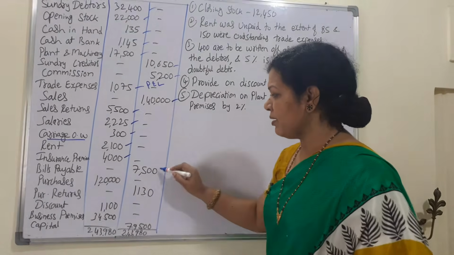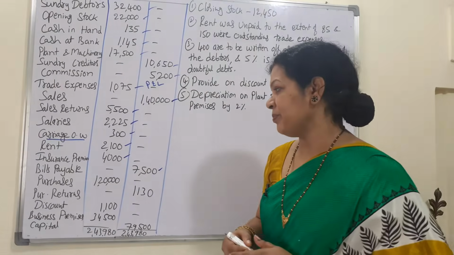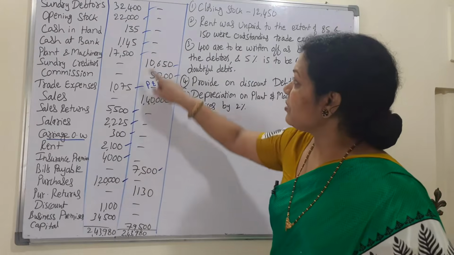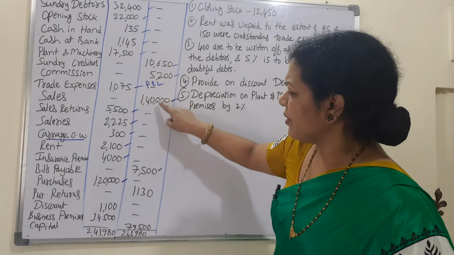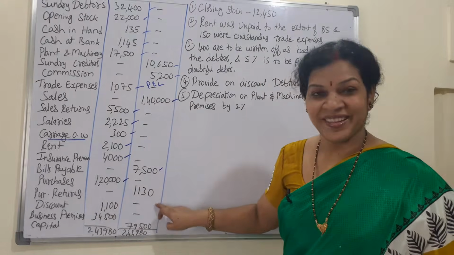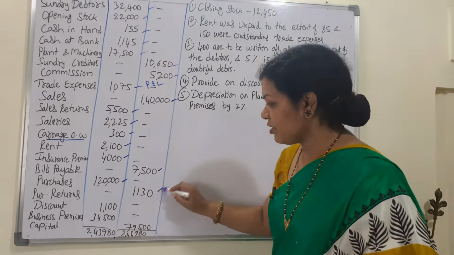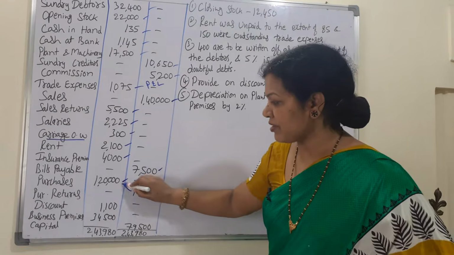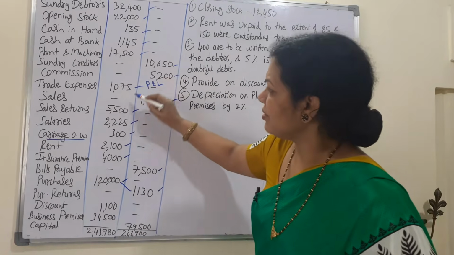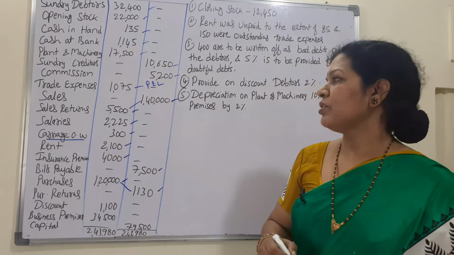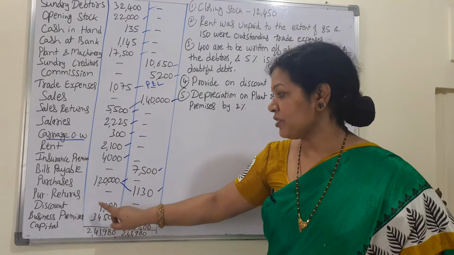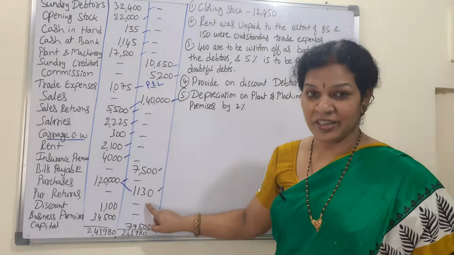Next, bills payable. Payable, balance sheet liability. Purchases, trading account debit side. Always see whether purchase returns are there on the credit side. Yes, purchase returns are here. This purchase returns is to be deducted from the purchases, and sales returns are also there, so both should be deducted in the trading account: sales returns from sales, and purchase returns from purchases.